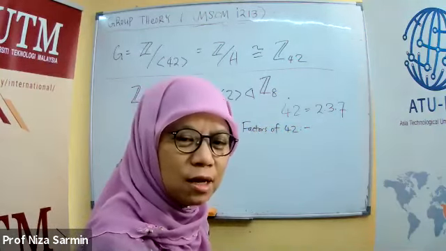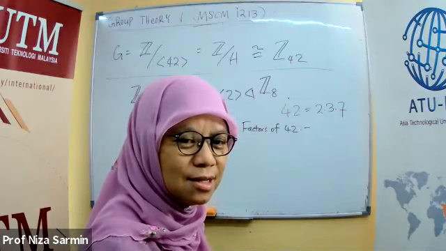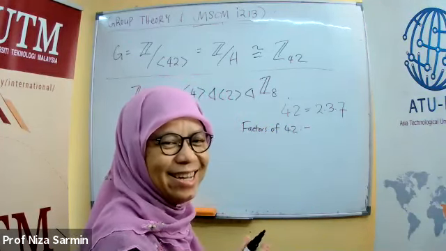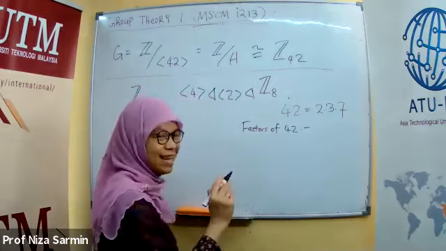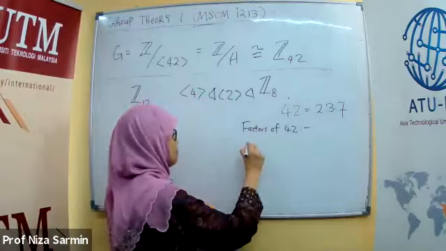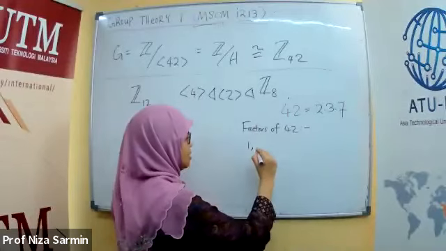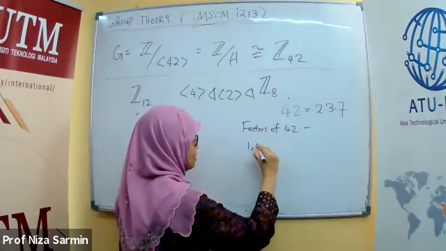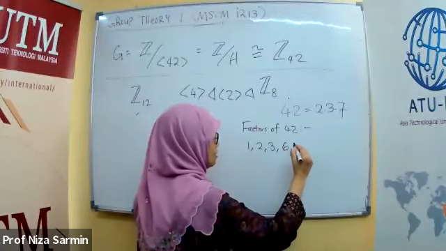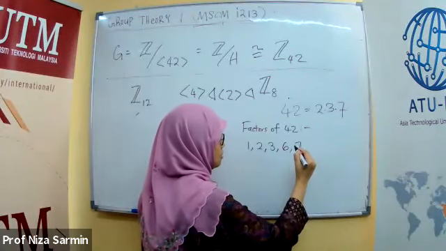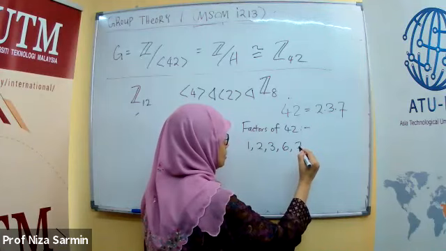Because you are the one that asked me this question, Lava. You unmute first. Okay. Read the factors. Go up, increasing. 1, 2, 3, 6, 7, 21, 14.